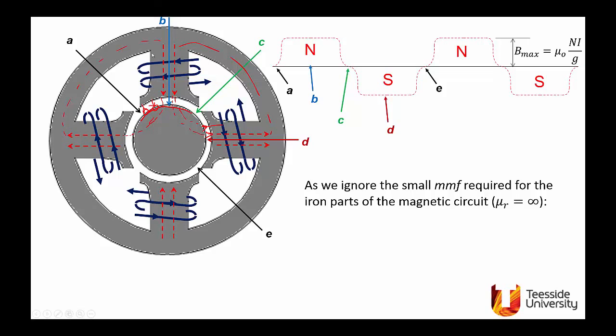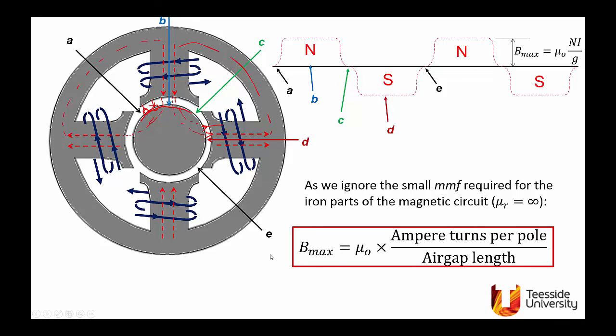If we ignore the magnetomotive force required for the iron parts, i.e. we assume mu r for the iron is infinity, we end up with the expression: the maximum flux density here is mu naught times ampere turns per pole, every pole has N turns carrying current I, divided by the air gap length, and the air gap length here is G. So this is a very simple expression.